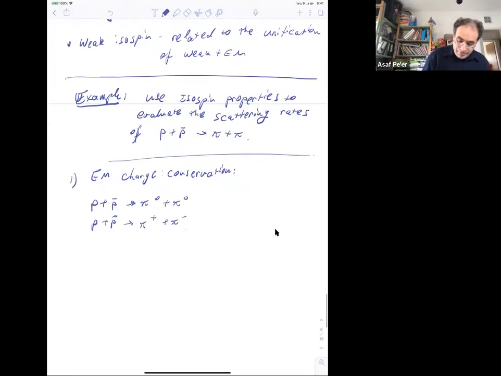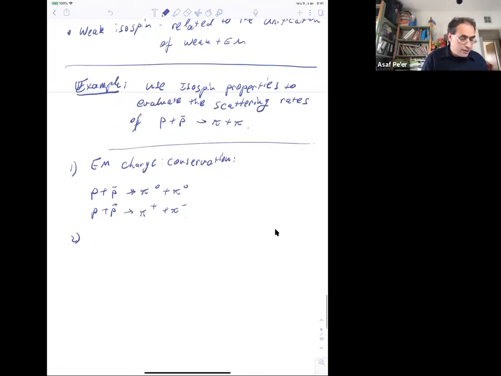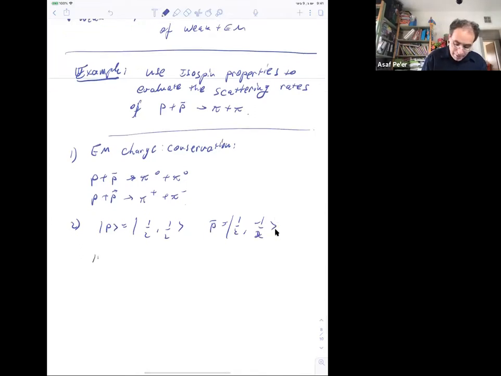Now, let's look at the isospin representation. So we said that the P would be 1/2, 1/2, and anti-P would be 1/2, minus 1/2. The pion plus is a 1, 1. The pion minus is a 1, minus 1. And the pion 0 is a 1, 0.